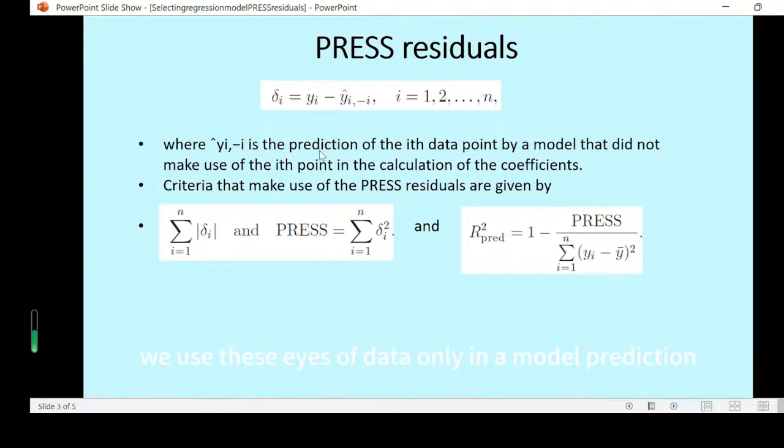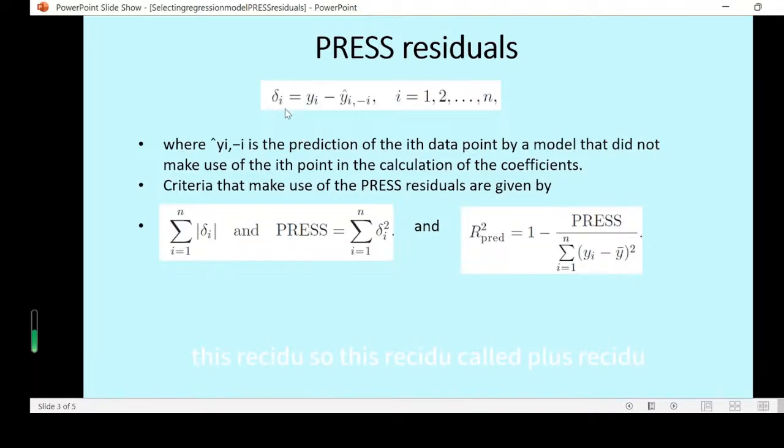We use the i-th data point only in the model prediction. So, for example, we have 100 data observations, then we take one of them out, and we use the remaining 99 observations in estimating the model. Then we use the coefficients of the estimated model to predict the i-th data point. Then we get this residual.